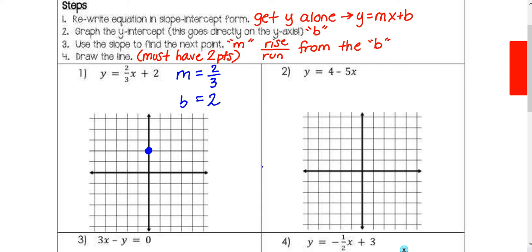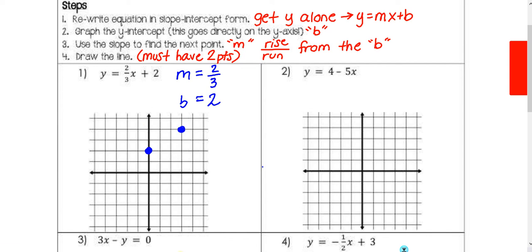Now for step 3, it asks me to rise over run from my b. So I'm rising 2 and I'm running 3 right here. So just because you can't actually see what I'm doing, I rose 2 and then I ran 3.